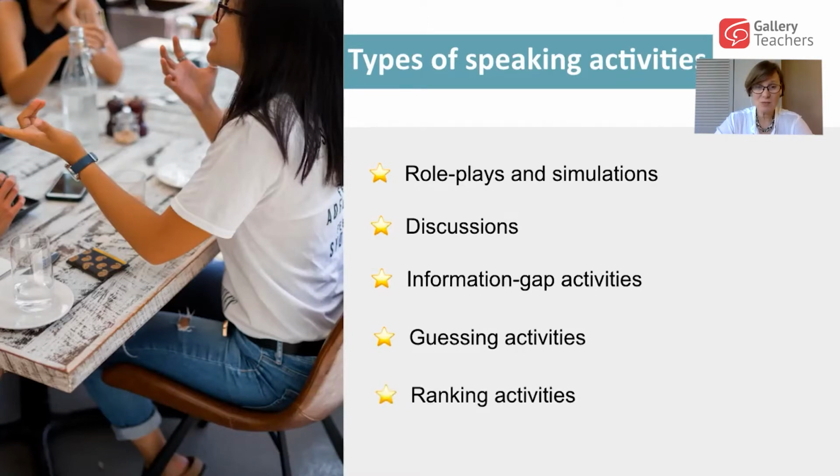Ranking activities we quite often use in classes when we ask the students to order the activities according to the importance. So we ask them to order things, activities, subjects, depending on the topic you're teaching. Number 1 being the most important thing, number 10 being the least important thing. And you can leave it like this.